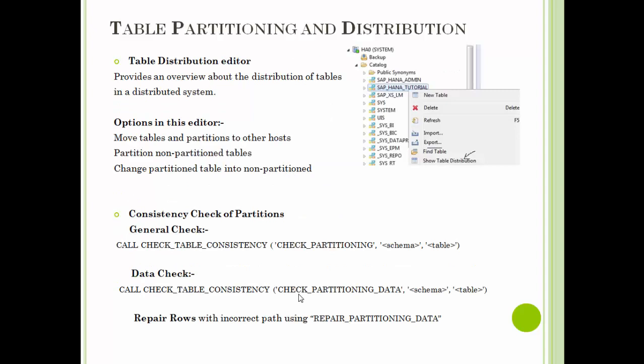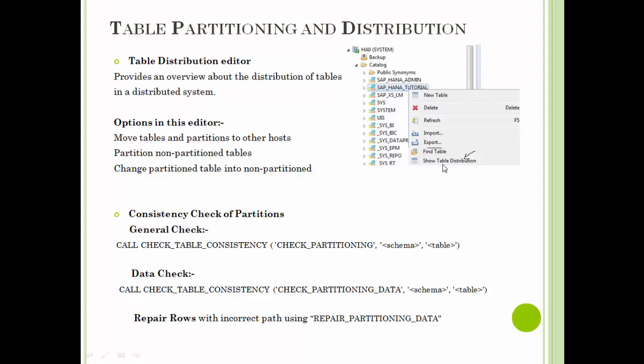Now, how we partition is something we should know. As I told, we have to right click on the table under the particular schema, or right click on the schema itself and choose the table distribution editor. This is the table distribution editor.